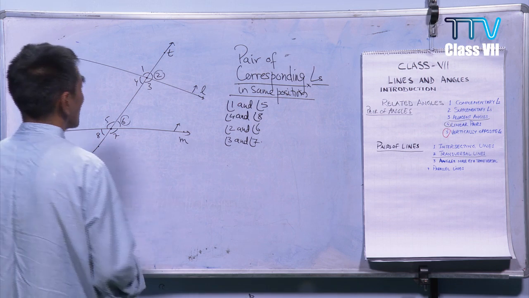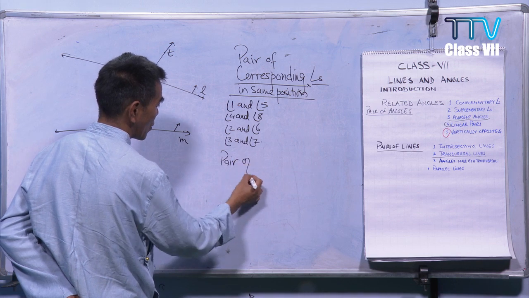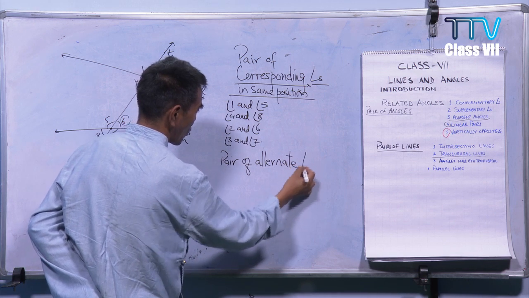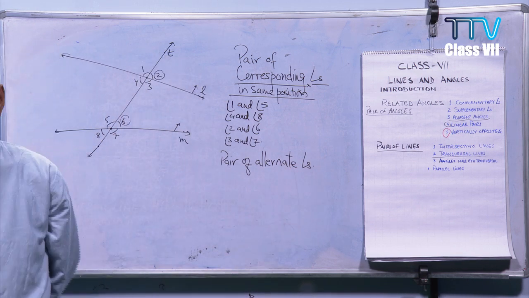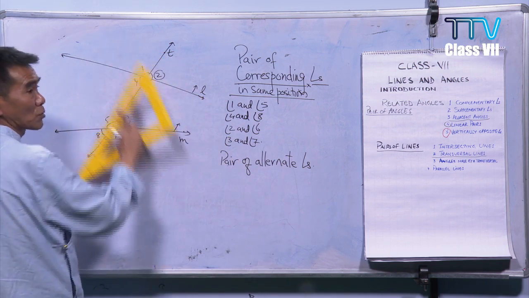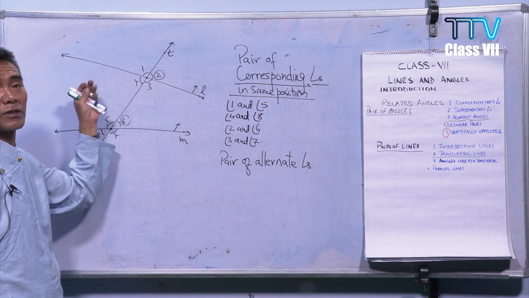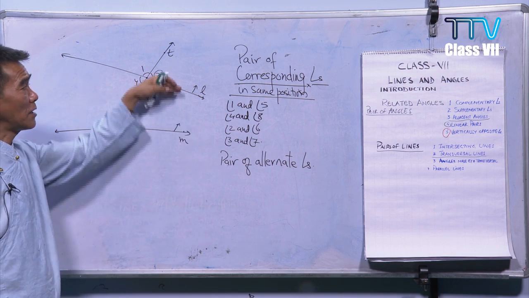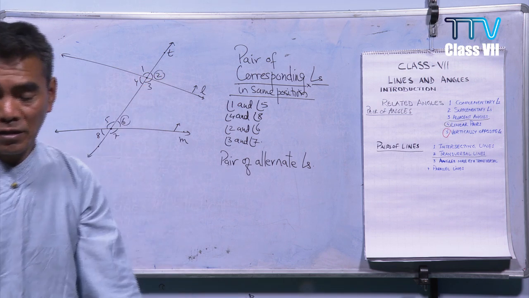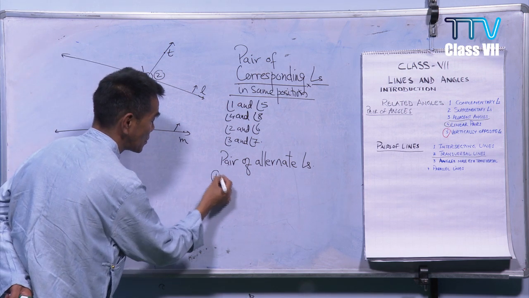Now alternate angles. Alternate angles are on opposite sides of the transversal, one at line L and one at line M. This is a pair of alternate angles.